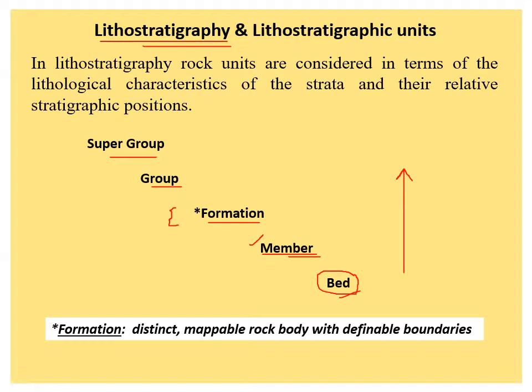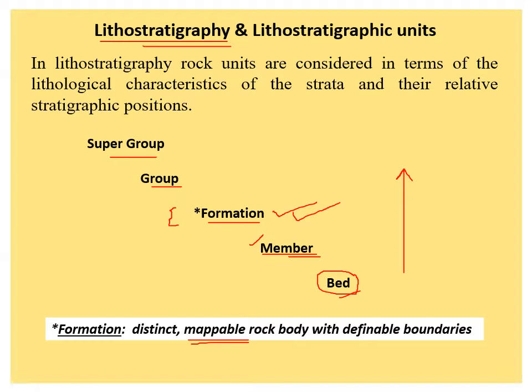Okay, now the lowest unit of lithostratigraphy is bed, but the fundamental or workable unit of lithostratigraphy is formation. Why is formation the fundamental or workable lithostratigraphic unit? The main reason is that it is the lowest unit of lithostratigraphy which is possible to map, and the scale of the map is about 1 is to 50,000 or 1 is to 1 lakh.